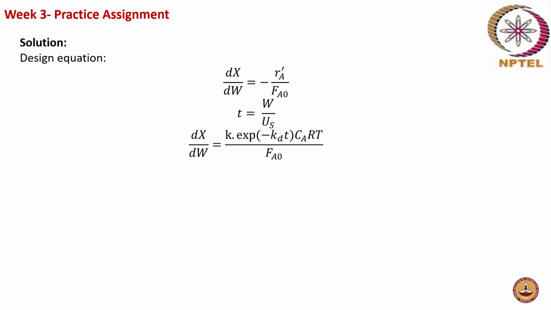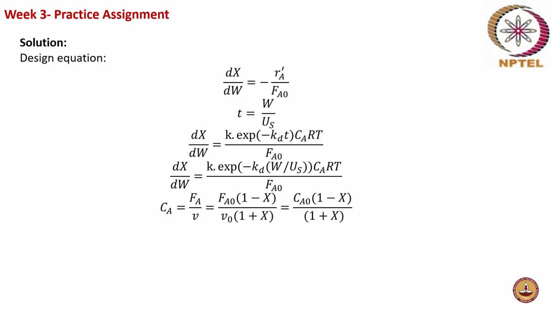And then I'm incorporating the rate expression for the reaction rate, expanding the rate expression, and the time term is replaced by its corresponding expression W by US in the design equation.